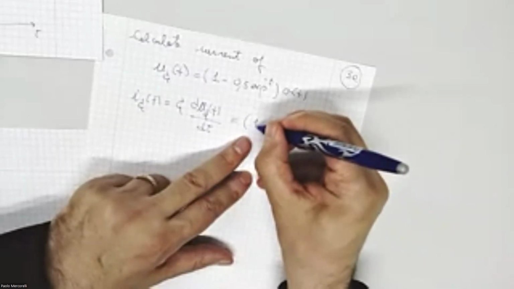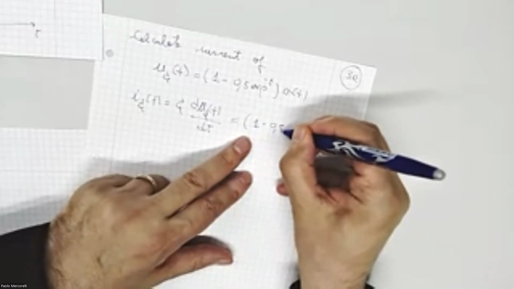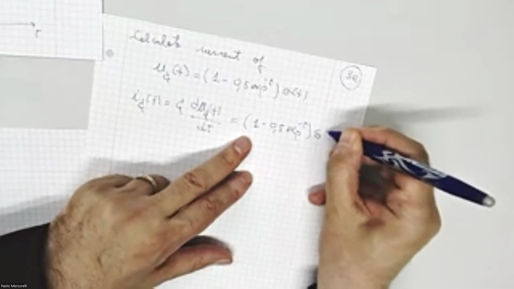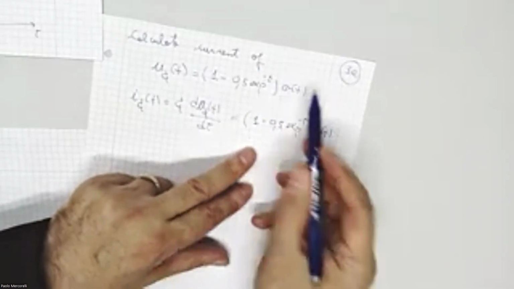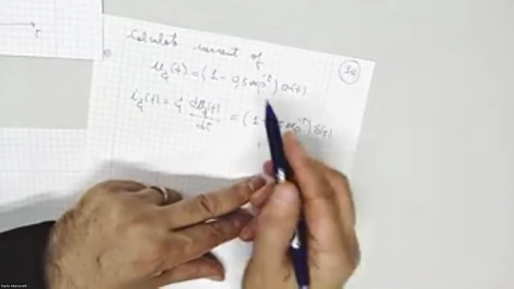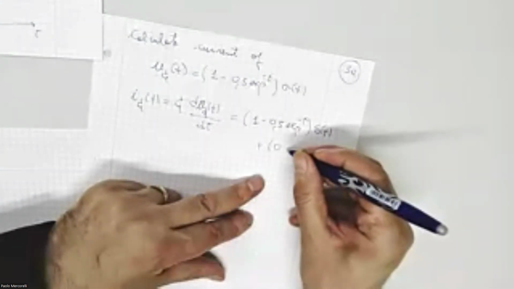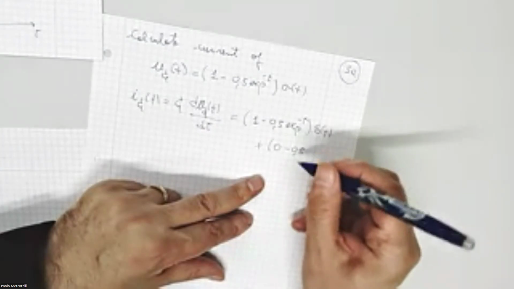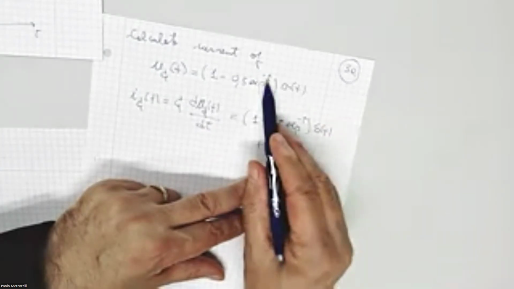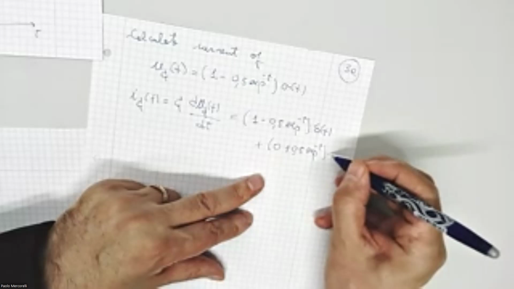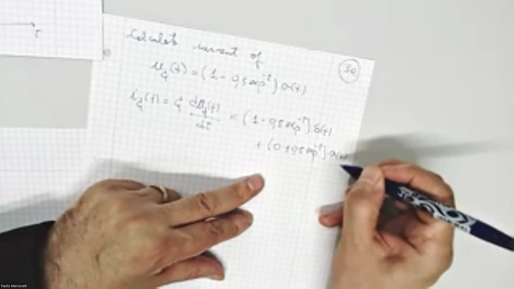Excuse me, calculations. Then we will see the meaning. The derivative with respect to this one plus the derivative of this inside is 0 minus 0.5, which becomes plus because of this minus here, exponent of minus t multiply sigma.